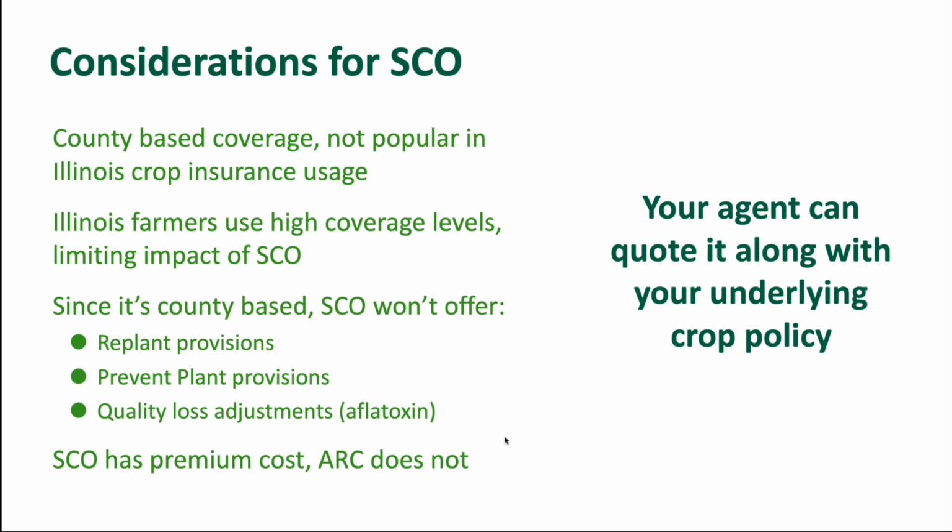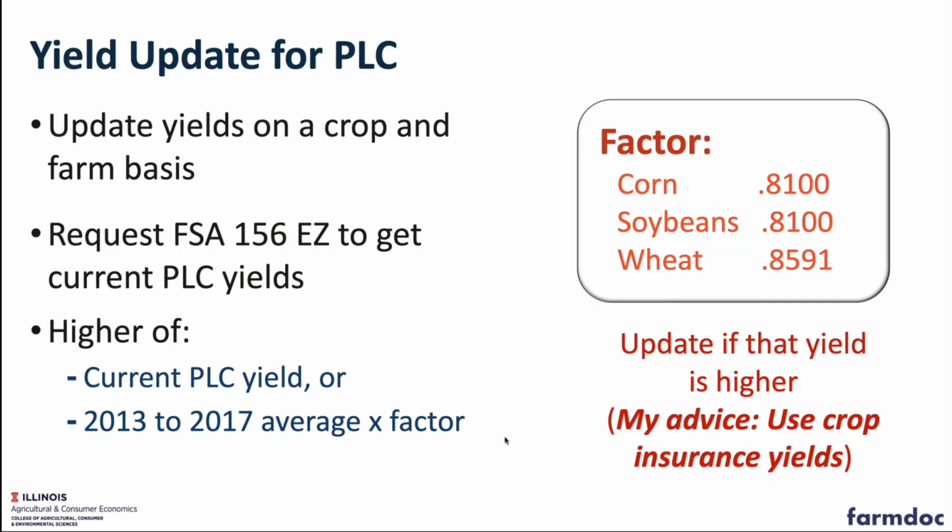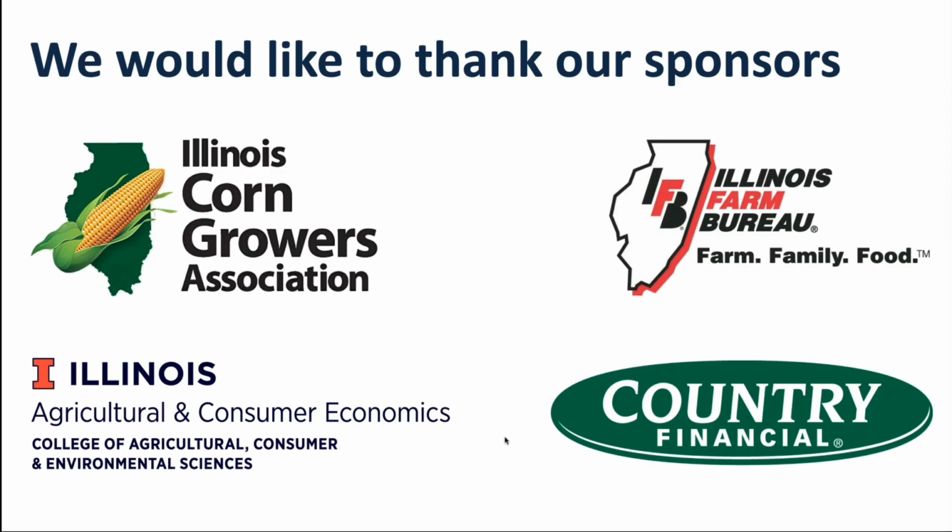Last year, only about 5% of all policies sold were county-based policies. So obviously, farm level coverage is their preference. The minute they reduce their RP coverage, in your example, they're also reducing replant coverage and prevented planting coverage because SCO is county-based and doesn't offer those. So please keep that in consideration, especially in this tough farm economy we're in. I would hate to see people reduce their farm level coverage for more county coverage.